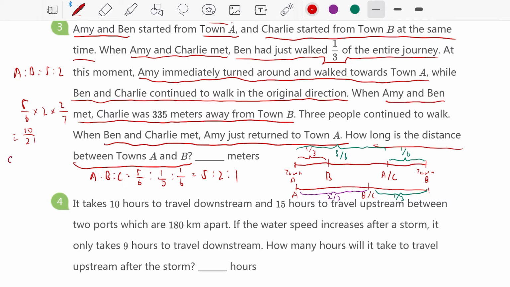So Charlie will clear only 5 out of 21. And this is equivalent to 335 meters.